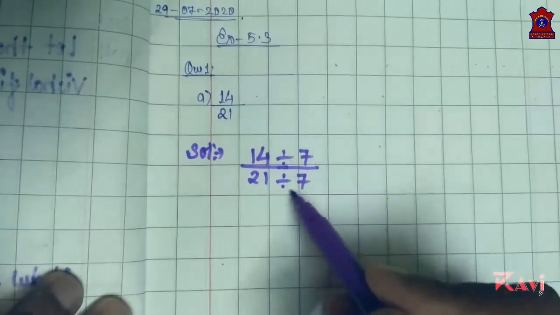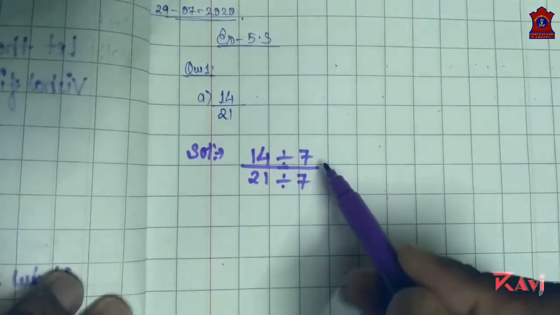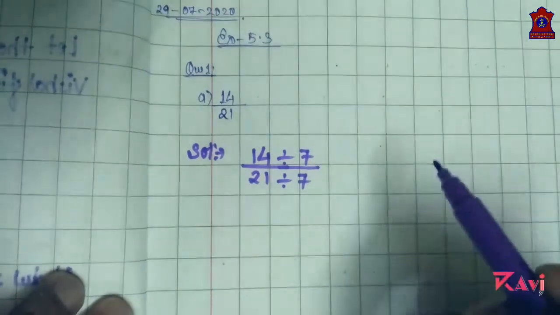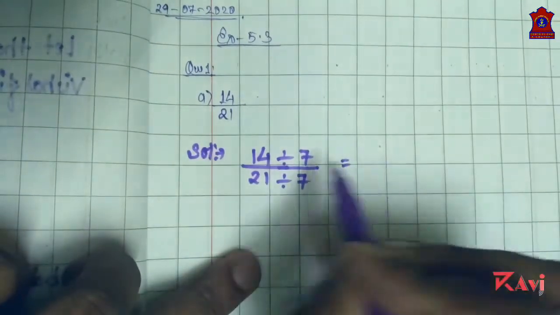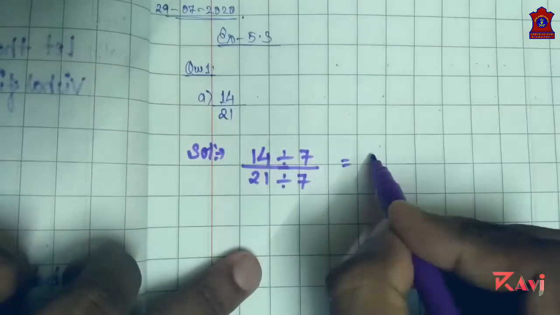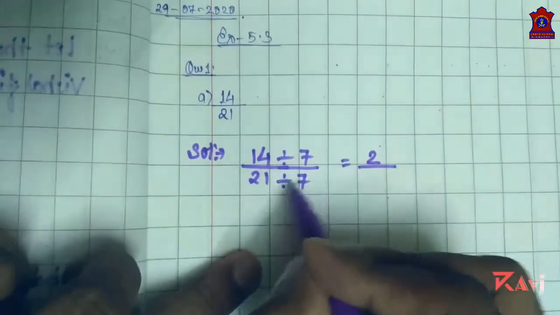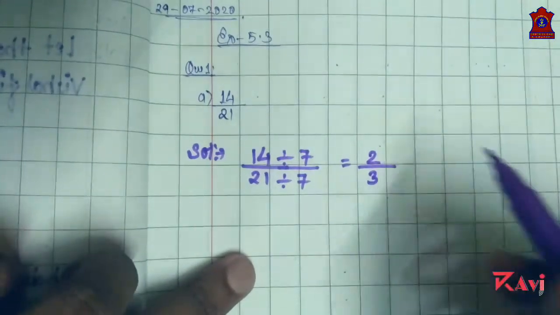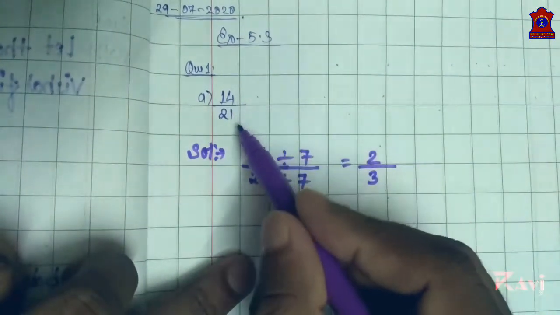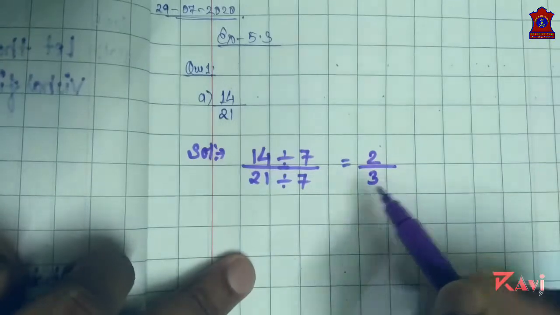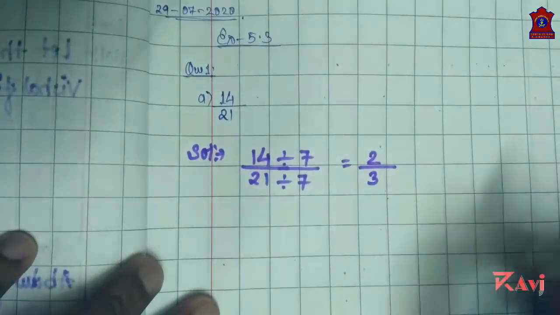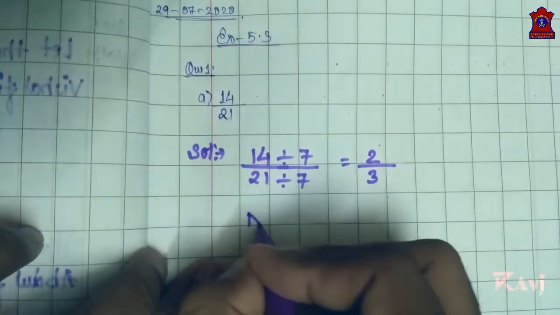So you have to divide both the numerator and the denominator by the same number. Clear? Now see, 7 into what makes 14? 7 twos are 14. 7 into what makes 21? 7 threes are 21. So the lowest term of 14 upon 21 is 2 by 3. So was this number in its lowest term? No. So the answer will be no.